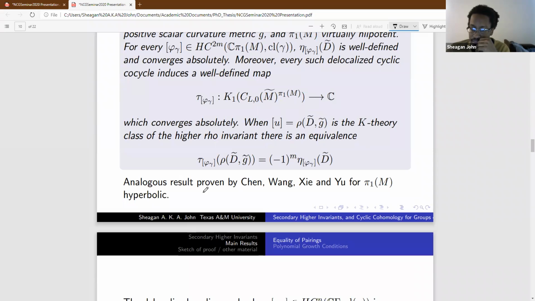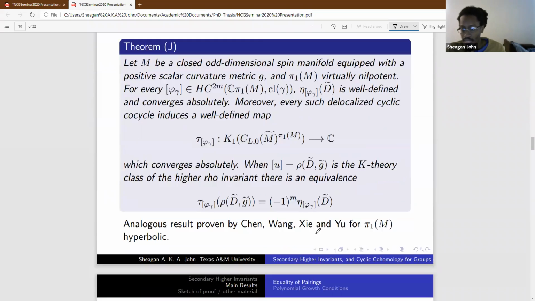We have analogous results proven by Shen, Wang and Yu when the fundamental group is hyperbolic. I should just quickly mention that these are going to be discrete countable groups. So the hyperbolic case uses quite similar, but in some cases quite different techniques from the virtually nilpotent case, just by their very geometric nature.